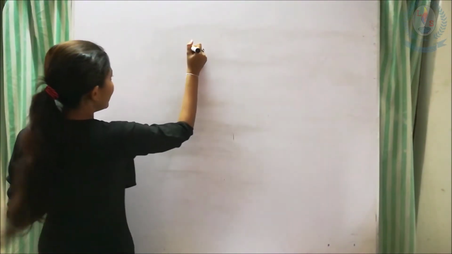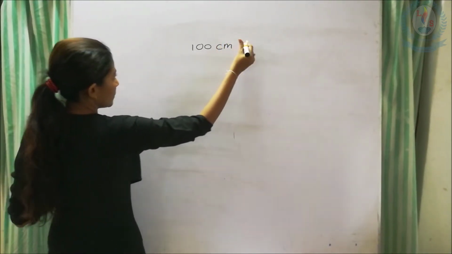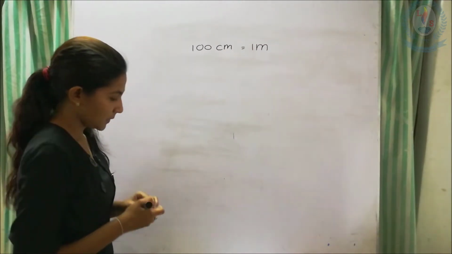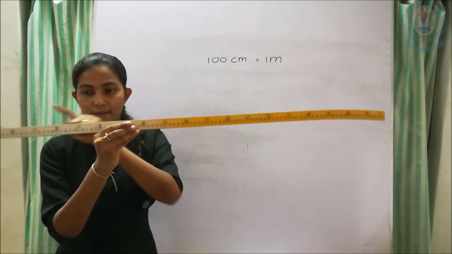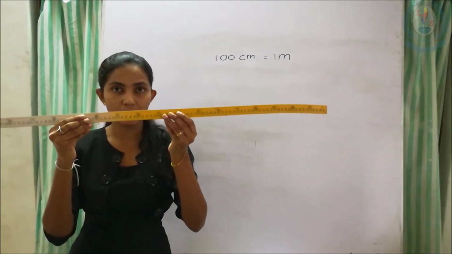Students, keep in mind that 100 centimeters equals 1 meter. That means in this meter stick, you have 100 centimeters.